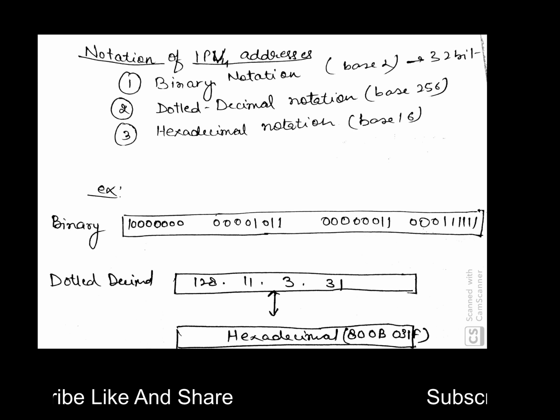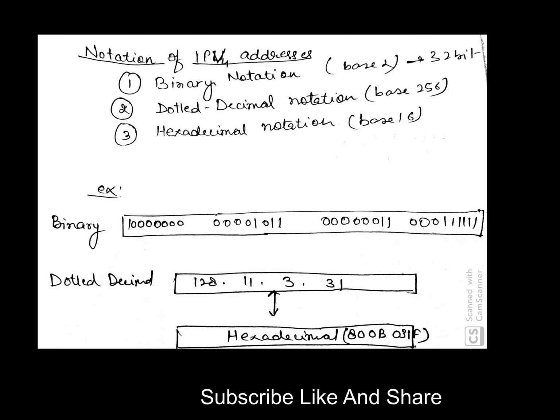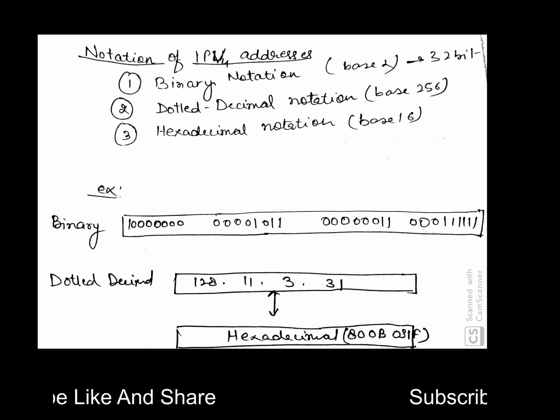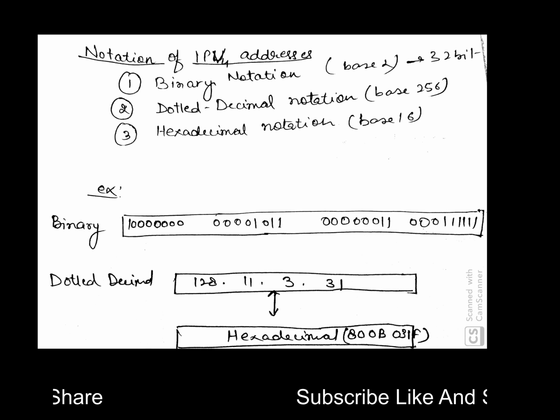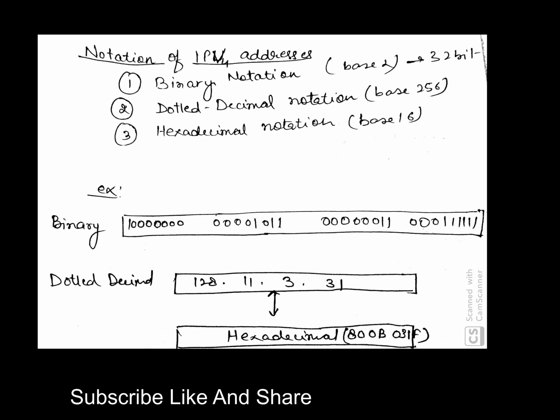Now we categorize this with an example. First, why do we use binary here? In binary notation, an IPv4 address is displayed as 32 bits, to make the address more readable.